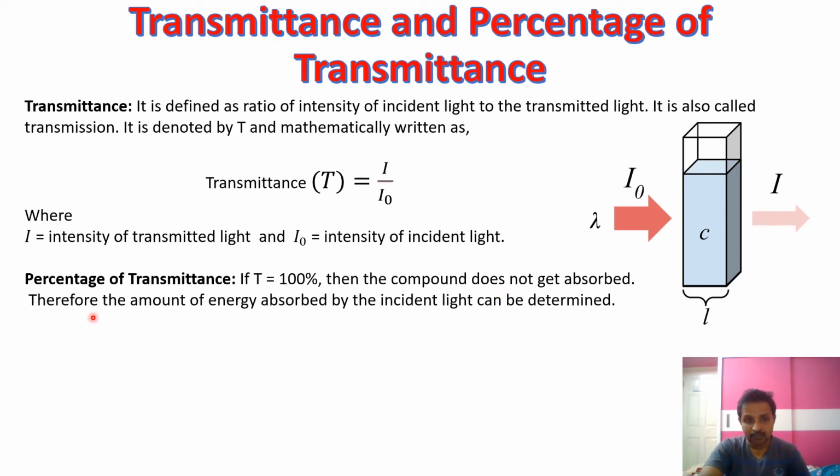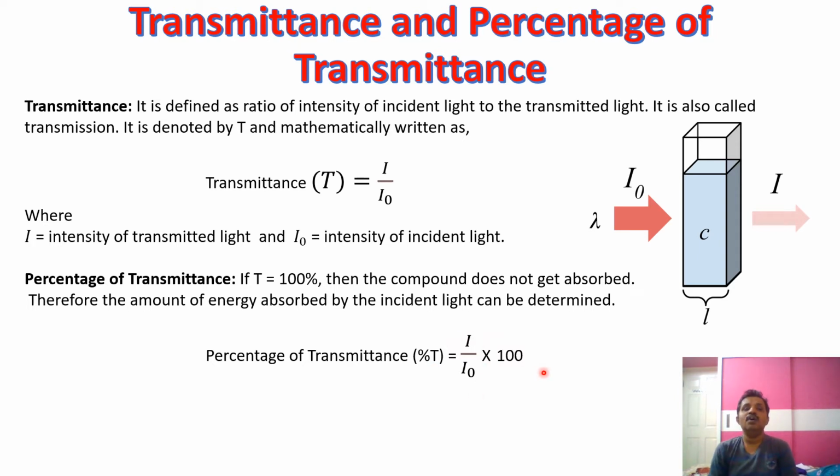Therefore, the amount of energy absorbed from the incident light can be determined using the above assumption. We can calculate the percentage of transmittance as I by I naught into 100%.